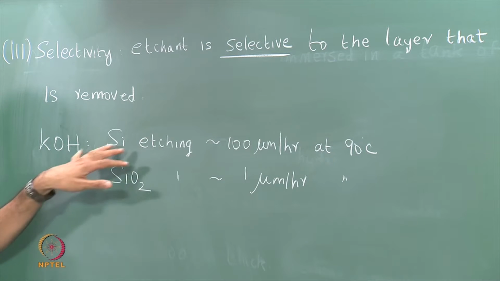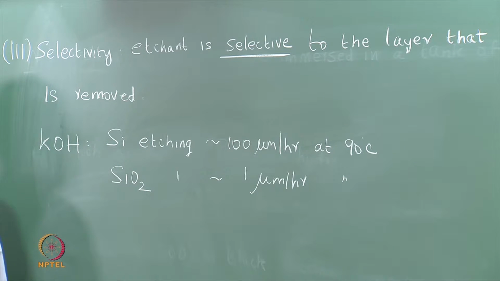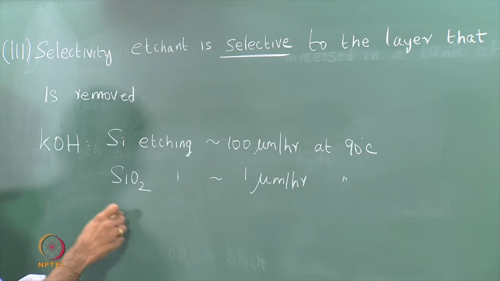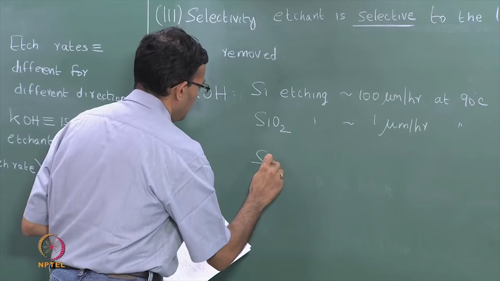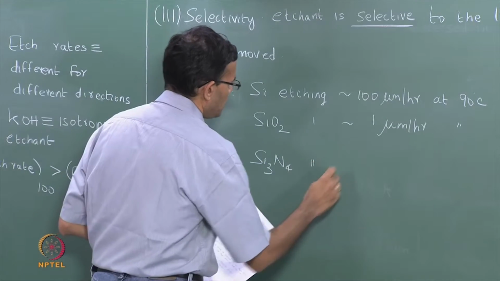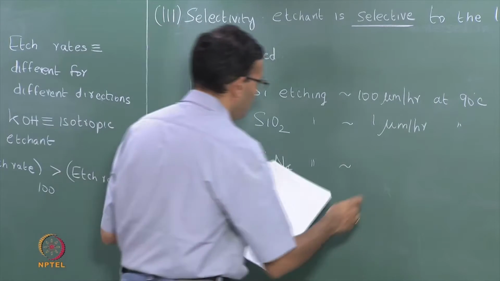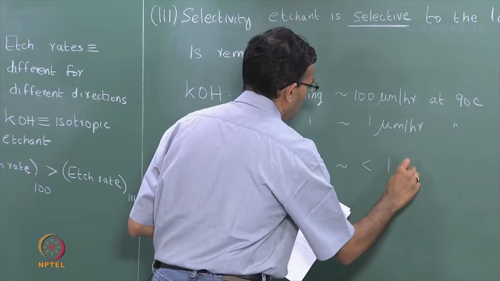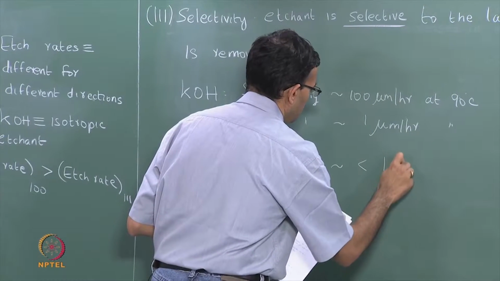So you can see that KOH is more selective to silicon than silicon dioxide, though the rates are just 100 times off. Instead of silicon dioxide, if I have silicon nitride, Si3N4, the etching rate is actually way lower, it is 1 nanometer an hour.